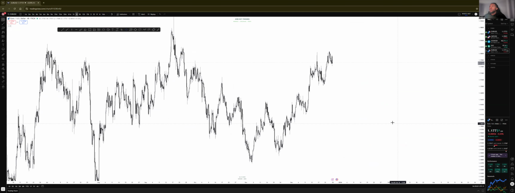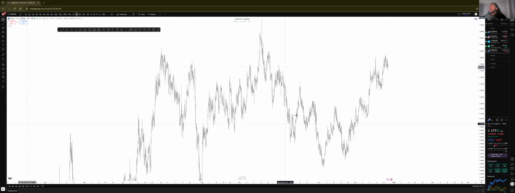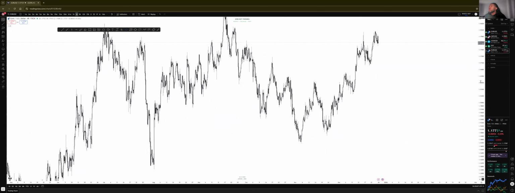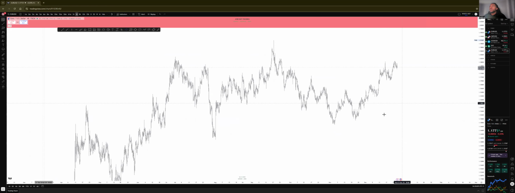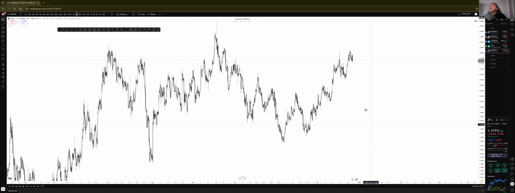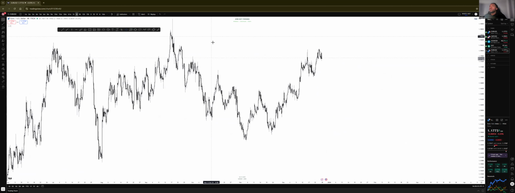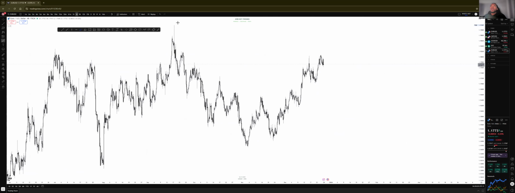What can we see here? We can see that the reveal of market intent was coming from up here. Price revealed market intent right here. This is phase one, reveal of market intent. It came all the way down and broke structure to the downside.